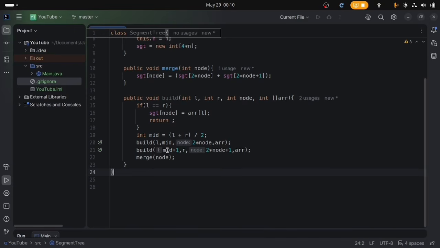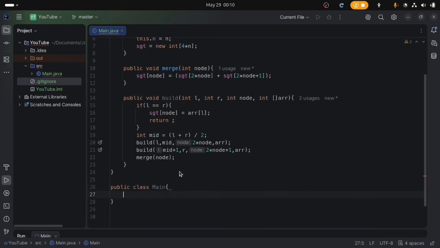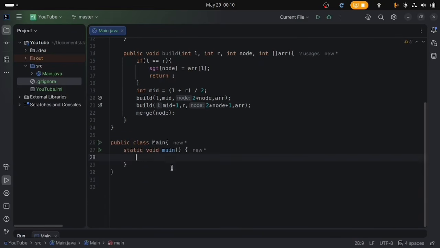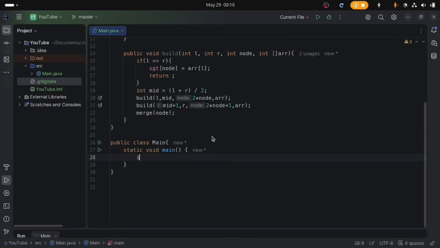Should we test it, or let's complete the rest of the functions? Let's test it. So I will create a class, public class main, public static void main. Okay, so let's take the same array 1, 8, 4, 10.